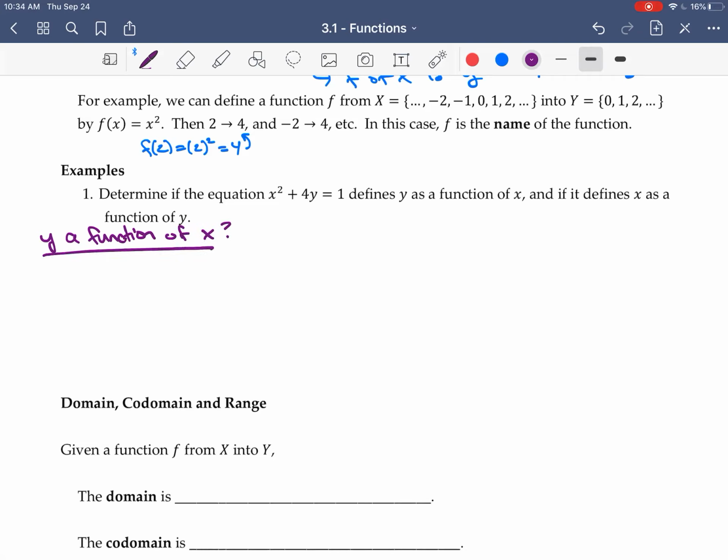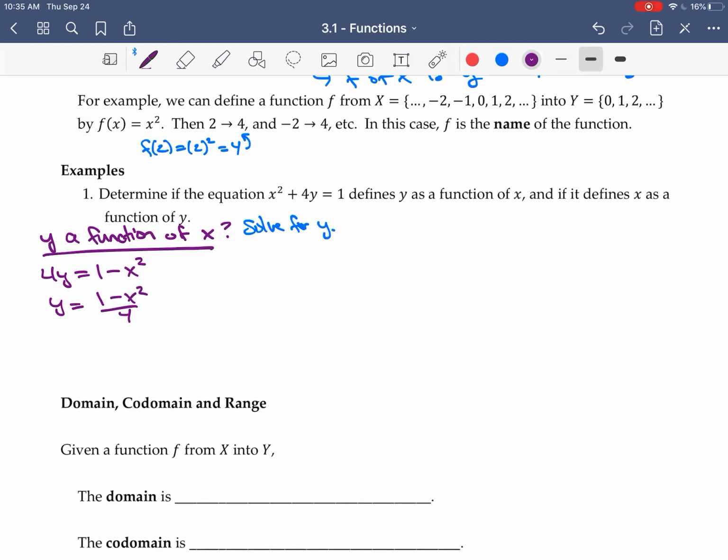That means I want to solve for y and see, if I plug in an x value, do I only get one y value? It's easier to tell if we solve for y. So we're going to have 4y equals 1 minus x squared. So that means that y is 1 minus x squared over 4.